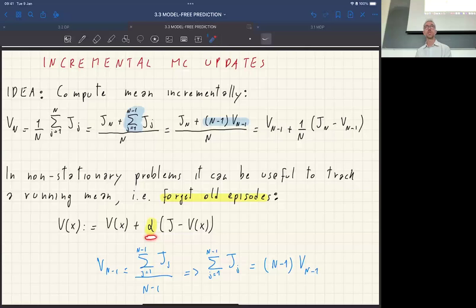In this way, we keep updating our estimate of the value always with the same amount of information. And this is a way to give higher importance to the samples that have been collected recently with respect to samples that have been collected in the past.